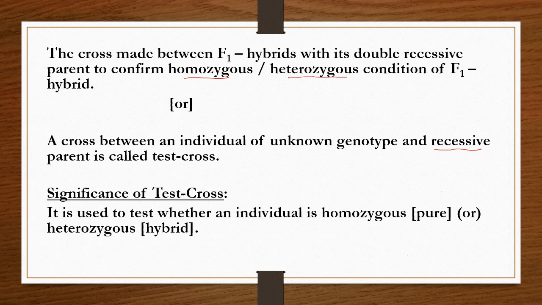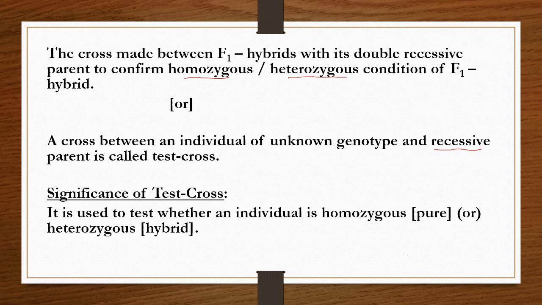So what is the importance of this test cross, why do they do it? Here on paper we mention that dominant is capital T, recessive is small t, and F1 is capital T, small t. But in the field it is different.